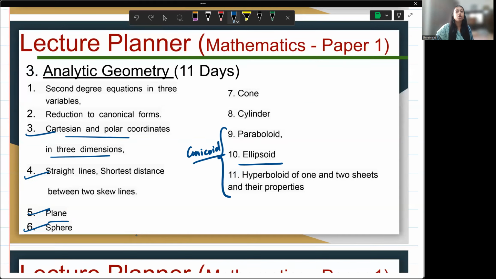So you do not have to be worried about conicoids because, as I said, intuition is very important here. And see, one question from the conicoid will definitely be there, especially on those normals: 6 normals to the paraboloid, 5 normals to the paraboloid, and 6 normals to the ellipsoid. So these sections are important. You cannot leave them.